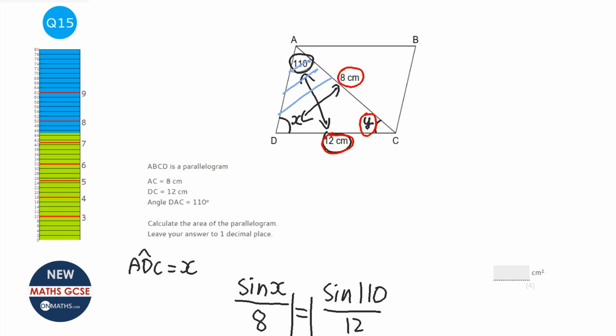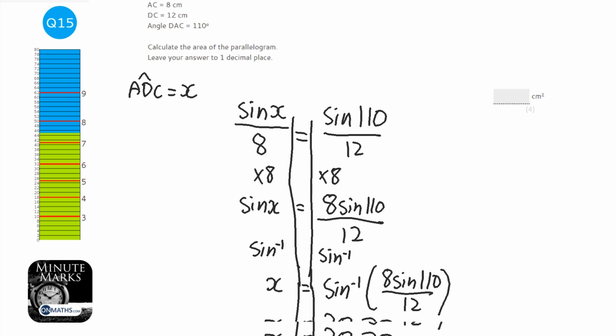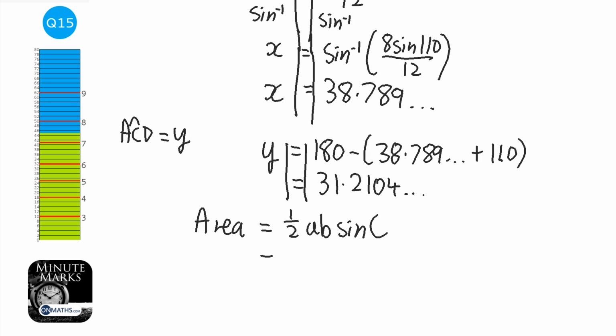We've got a triangle here, and then we've got an identical triangle here, and it is identical because the diagonal of a parallelogram cuts it in half exactly. So what we also need to do is then times this by 2.